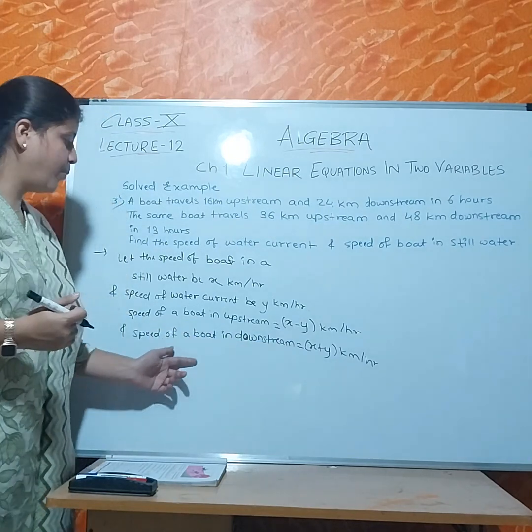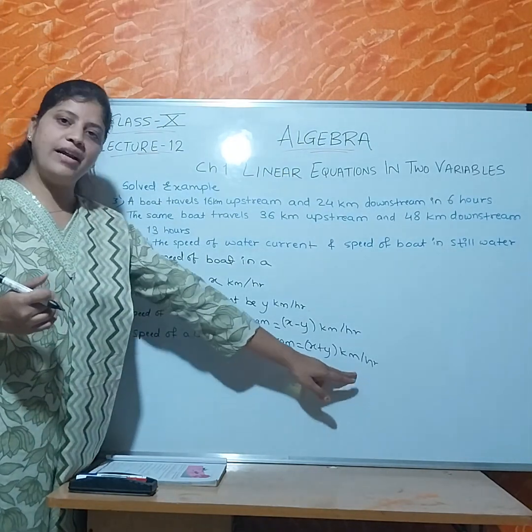So we get the speed of a boat in downstream as x plus y kilometer per hour.